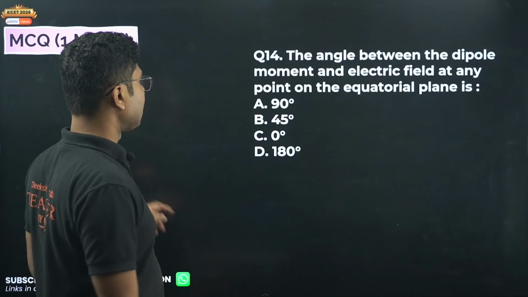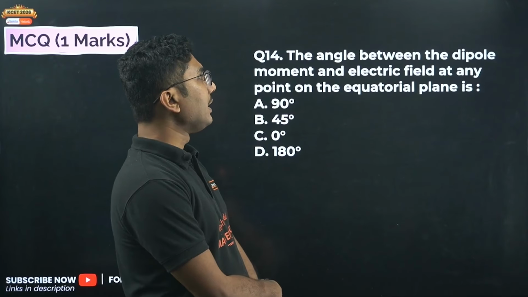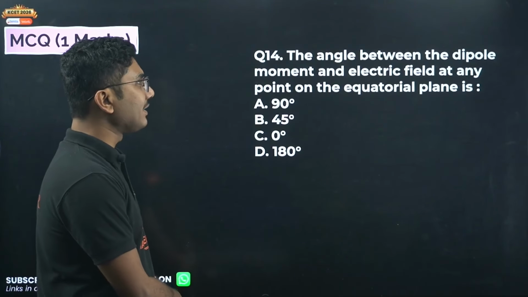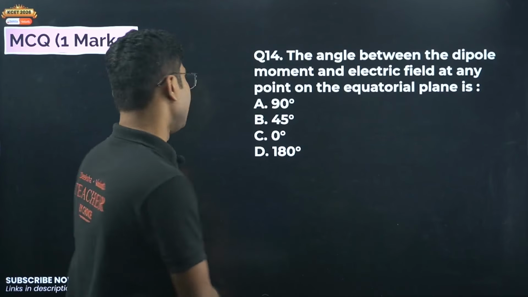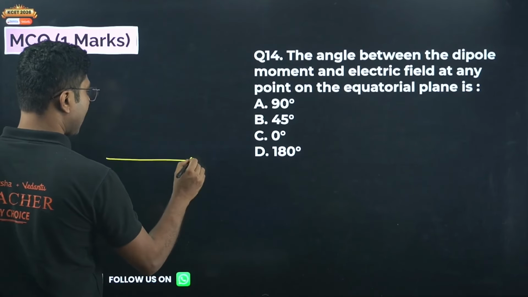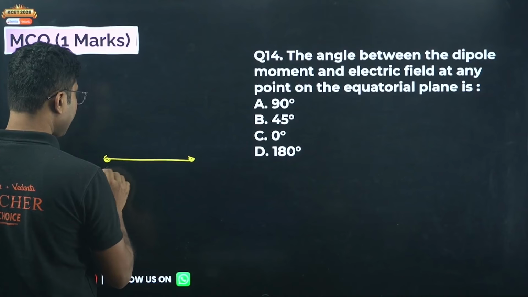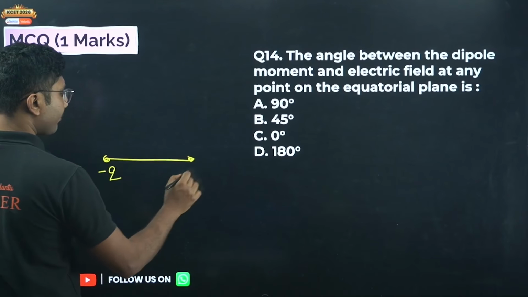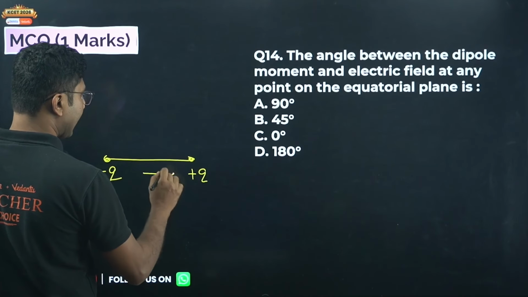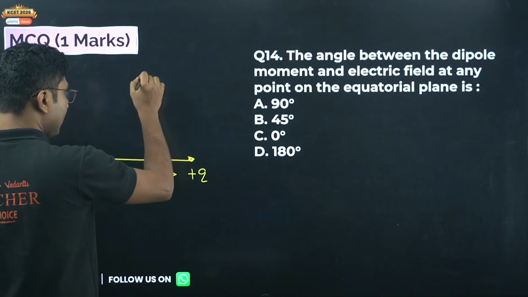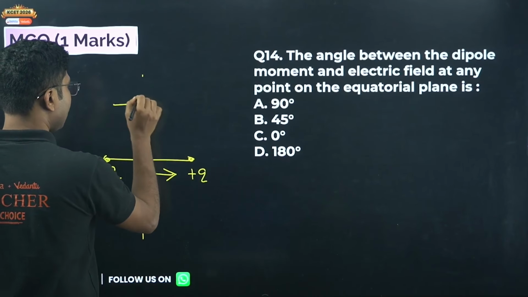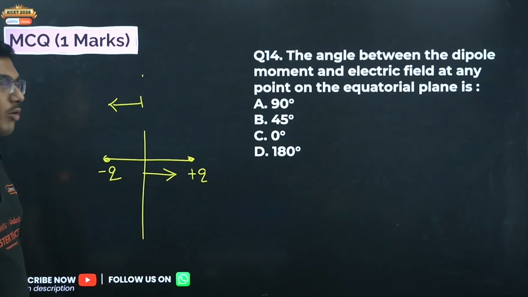Now next question, the angle between the dipole moment and electric field at any point on the equatorial plane is. The dipole moment is always pointed from negative to positive, and the electric field along the equatorial plane, this is very special, is directed exactly opposite to that.